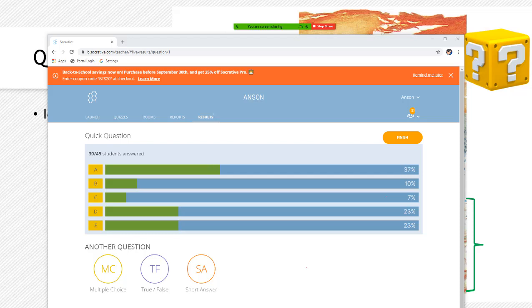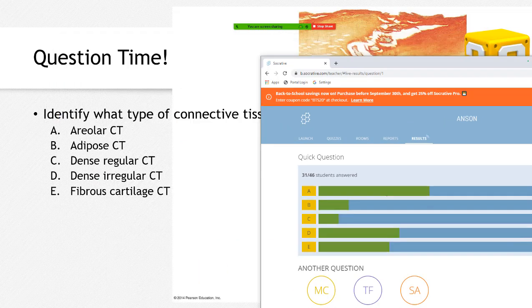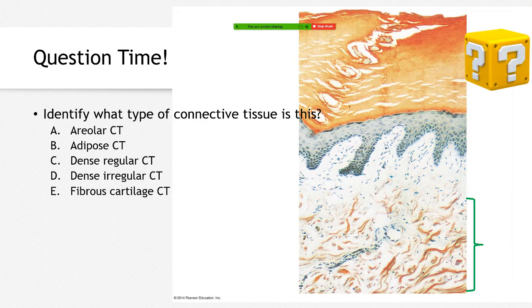Okay, a lot of A's, some D's and E's. Kind of not sure, it seems. So let's go over this and figure this out. If you take a look at this down here, what kind of fibers are these structures?